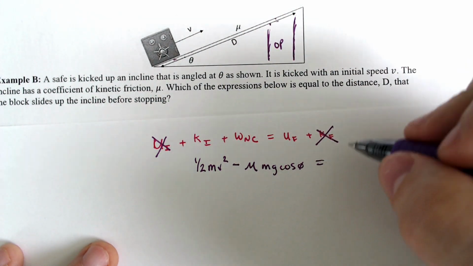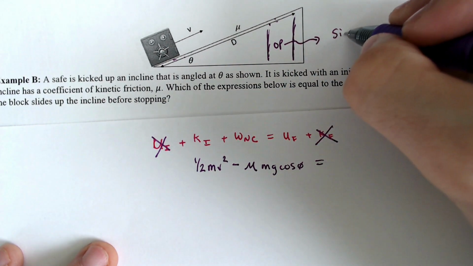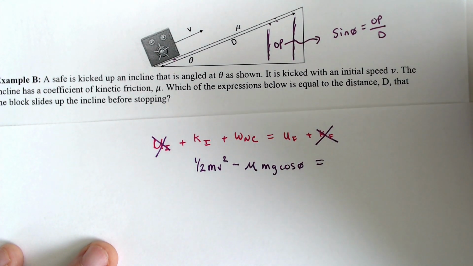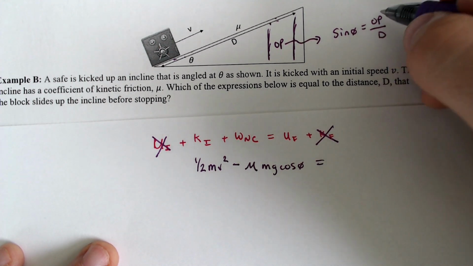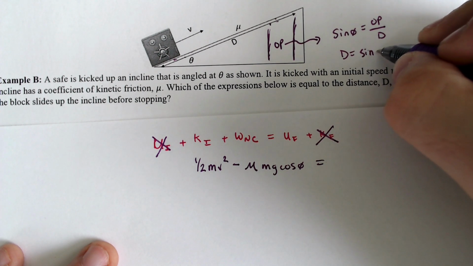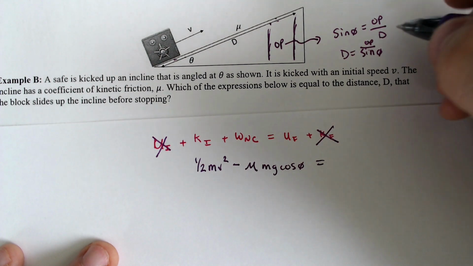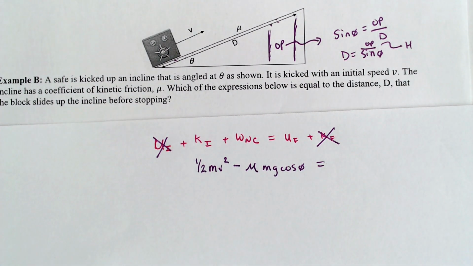So we need to figure out how this opposite relates to the diagonal. Well, sine theta is equal to opposite over diagonal. The diagonal is what we care about, so we need to solve for diagonal. That would be d is equal to the opposite on the top over sine theta on the bottom, and the opposite is the overall height.